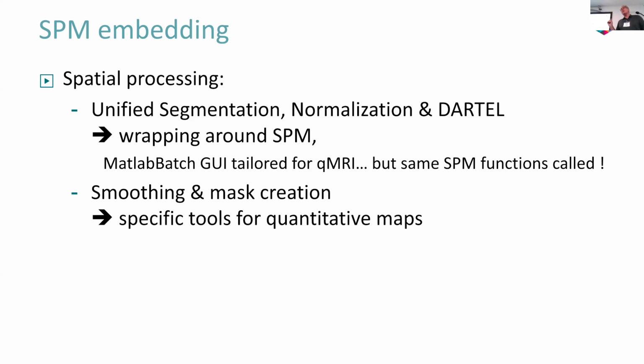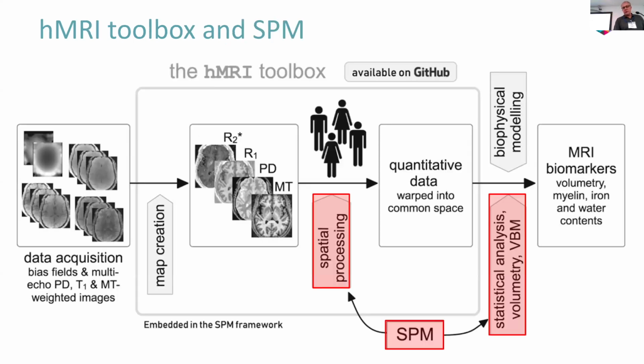The smoothing has been slightly tweaked because those maps, quantitative maps, if we smooth them with a Gaussian kernel, we'll be mixing signals that have a physical interpretation. So we'll be mixing the signal from white matter with the signal in the gray matter, and it doesn't make sense to mix them because they are 2 different quantities that have a physical or biological interpretation.